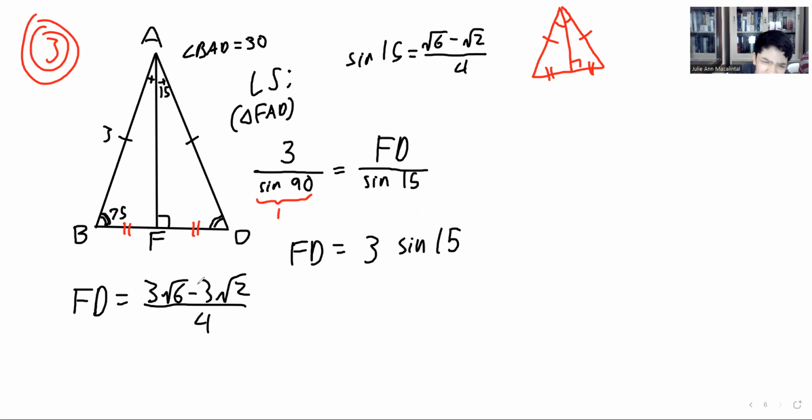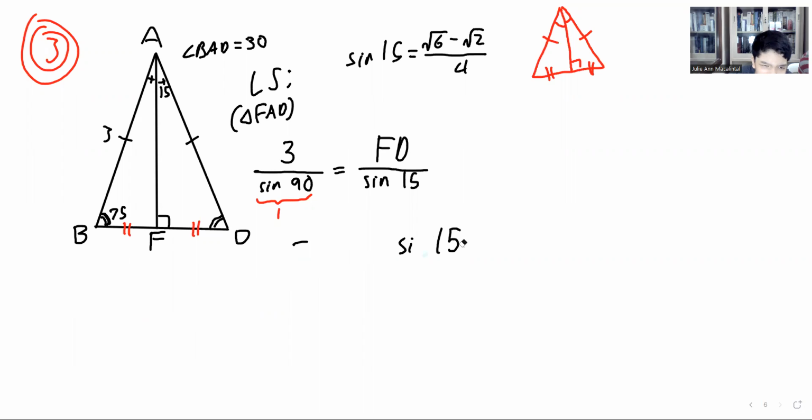So we can calculate BD again just by multiplying FD by 2. BD equals 2FD. Oh wait, I was actually looking for the wrong thing. I'm very sorry. I was actually supposed to look for AF.